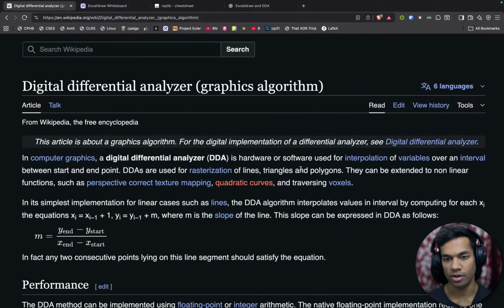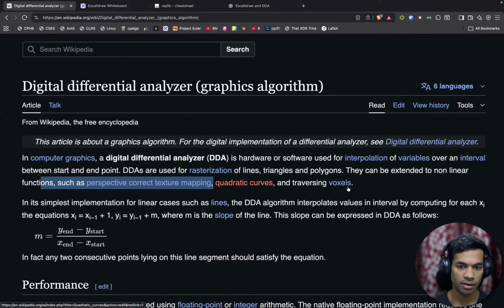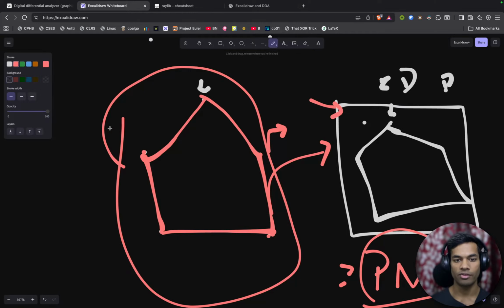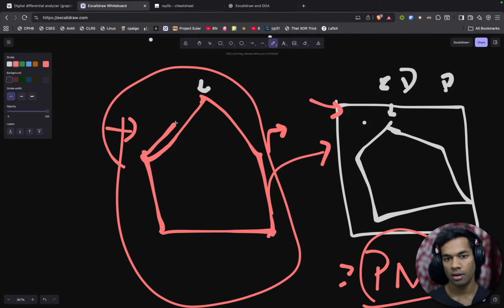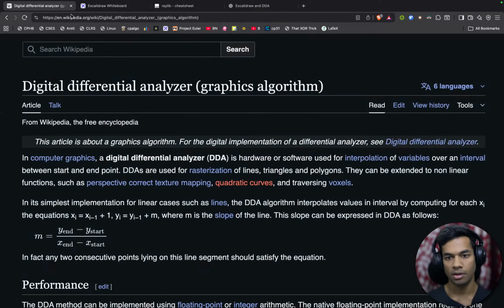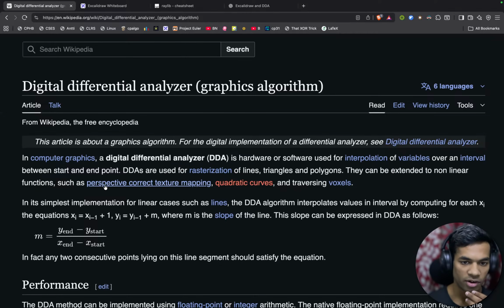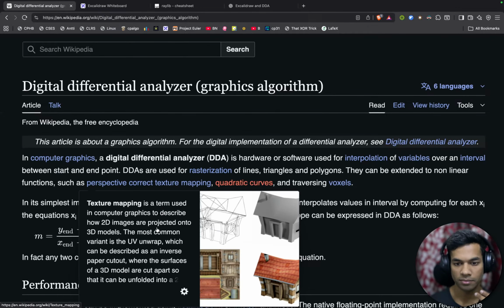Triangles and polygons. Okay, polygons like a pentagon. They can be extended to non-linear functions such as perspective-correct texture mapping. So the functions which are defining a relation between vectors can be linear, like triangles and polygons, but rasterization can also be extended to non-linear functions, like perspective-correct texture mapping.